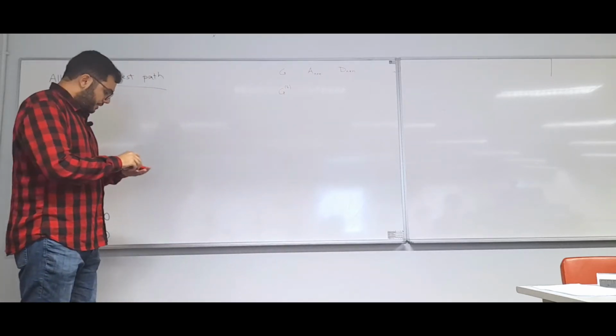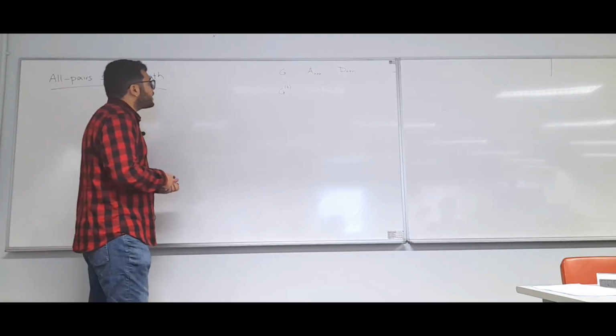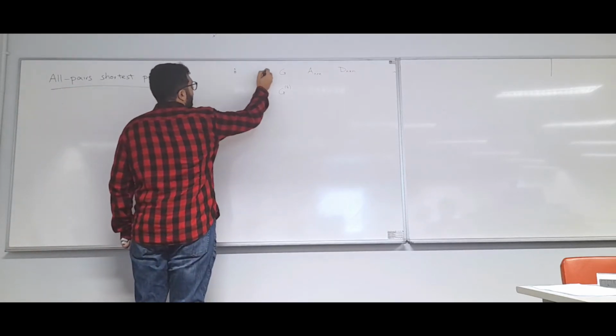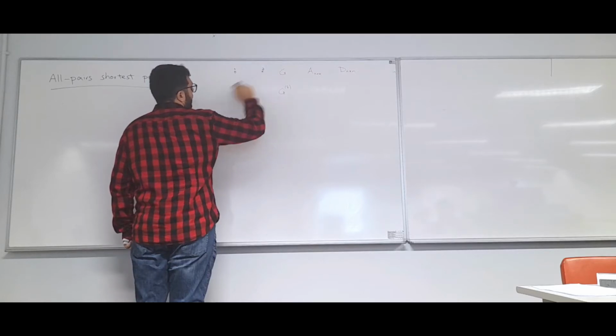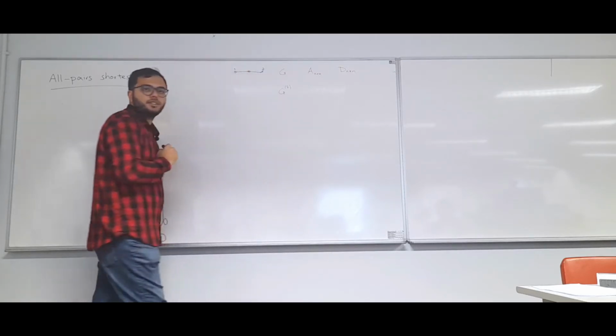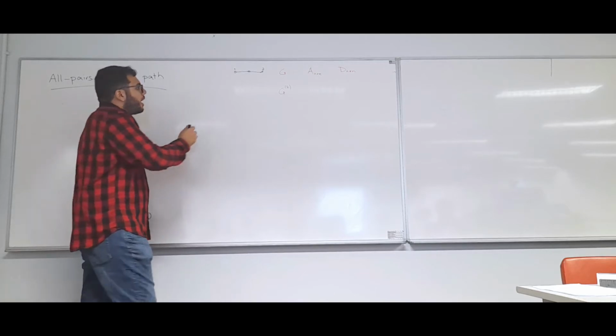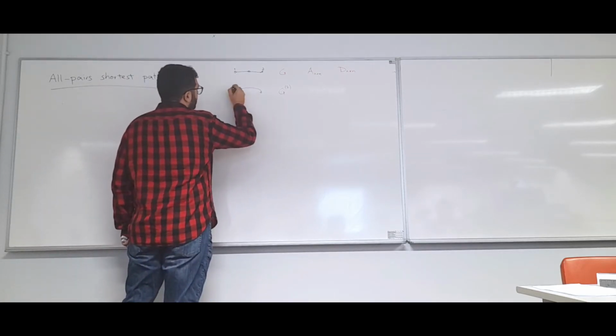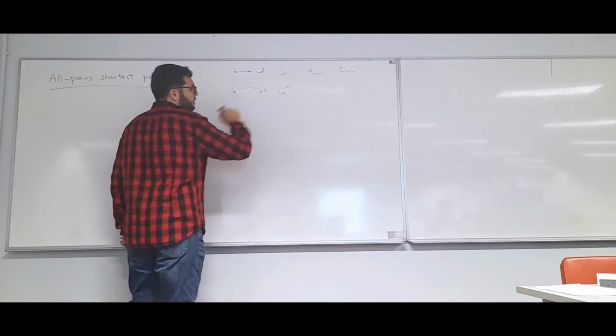And what I want is something like this. I want to say that if there are 2 vertices, let's say i and j, in my graph G, such that there is a path of length 2 between them, okay? I want to just have a direct edge between i and j in this graph.